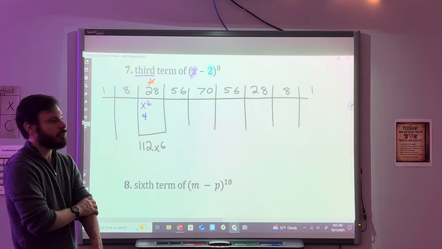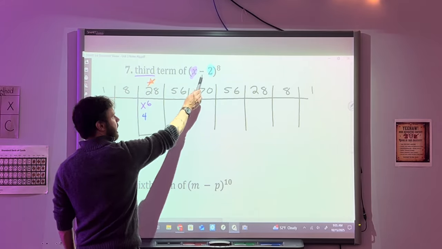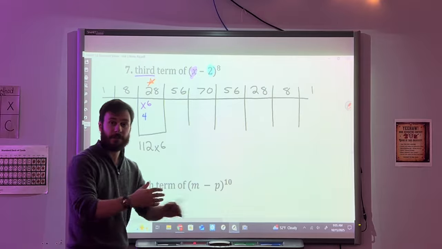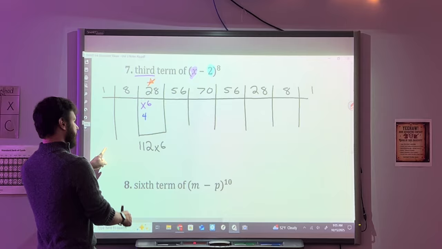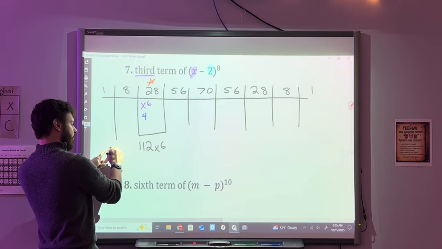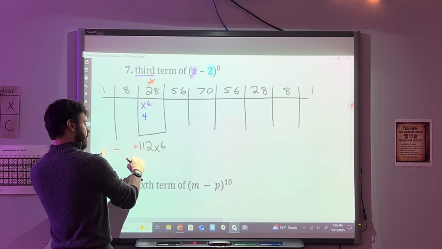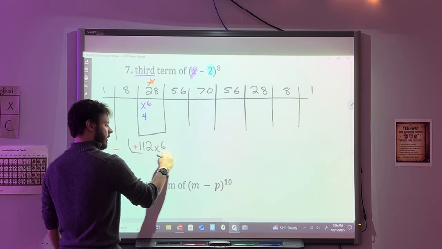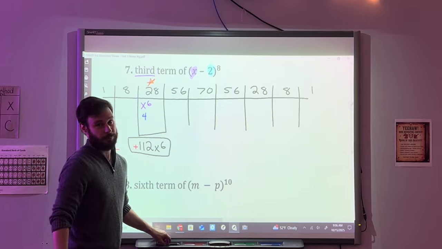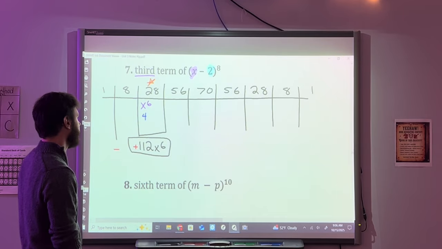But the glue that holds this one together is a minus. So that might change what I have to write. Between my first and my second term, that would be the minus. This one would end up being a plus. After this would be a minus. Turns out this one is positive as well, but it might not have been.